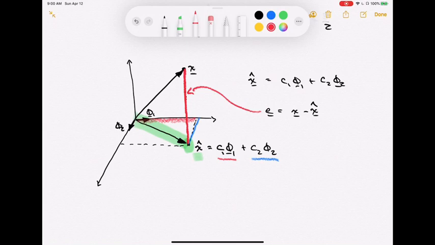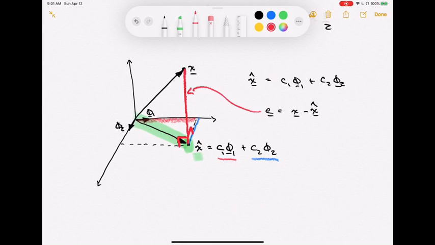And when I take a look at that error and compare it to phi1 and phi2, I notice a few things. I notice that it's at right angles. My error is at right angles to phi1, and it's also at right angles to phi2. The orthogonality principle works here. It's exactly what we'd expect.